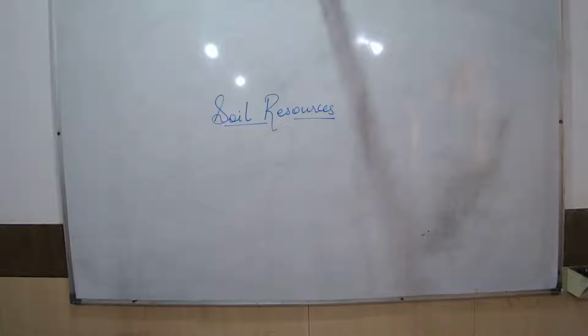So here in this chapter we'll study about soil, the types of soil. That's alluvial, red soil, black soil, laterite soil, desert soil. Then about soil erosion, prevention and conservation. Okay.